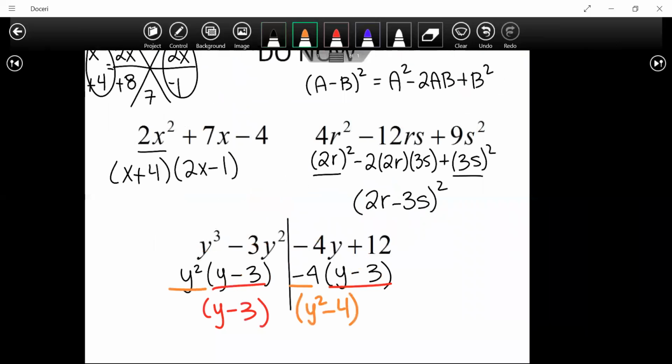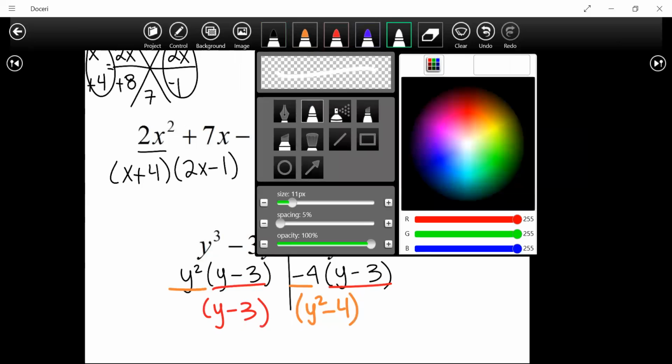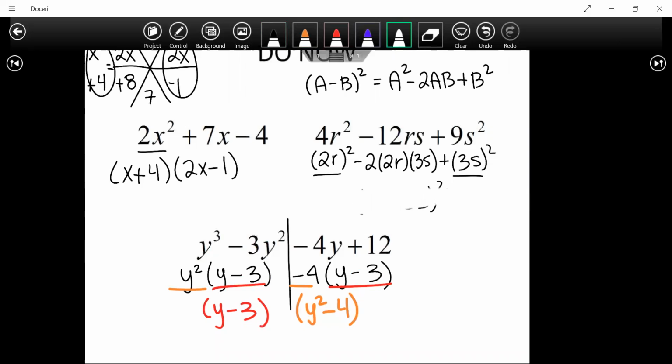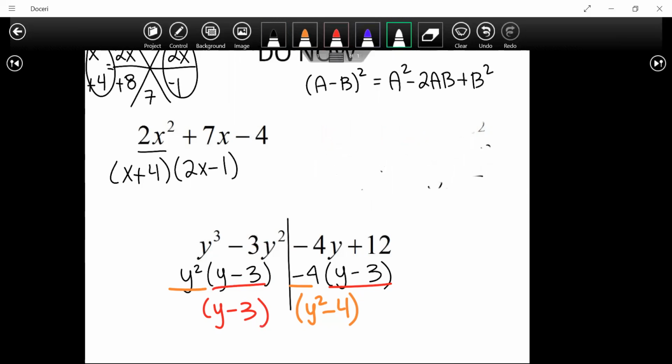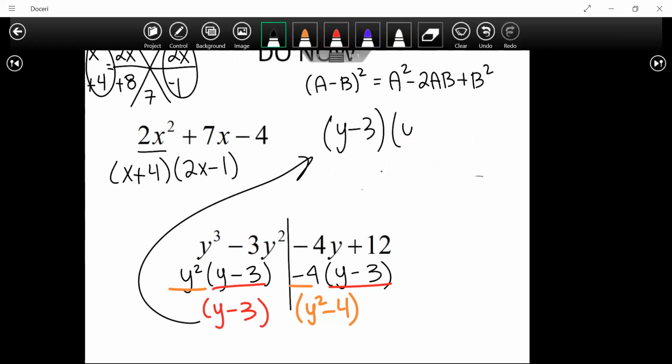Now, just to kind of show this, am I done there? Can that be factored further? So I'm going to bring this back up. So this is our factors, just so the people in the back can see there. We got to make sure that they're factored all the way. Can this term be factored a little bit more? Yeah. We can split it up, right, to the difference of squares.